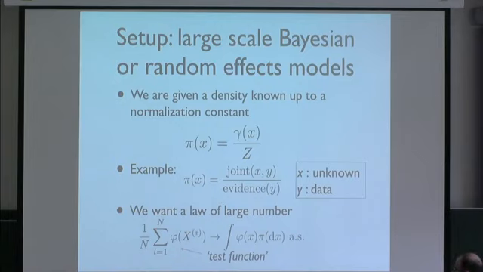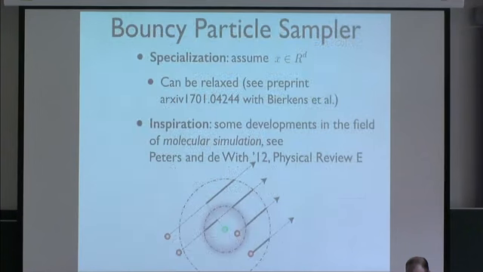The twist will be that we'll change this integer-indexed list of samples to a process, a continuous-time process. Let's specialize a little bit, for simplicity, to the case where X is in just the Euclidean d-dimensional space. This can be relaxed, but just to keep things simple, let's stay in that context.